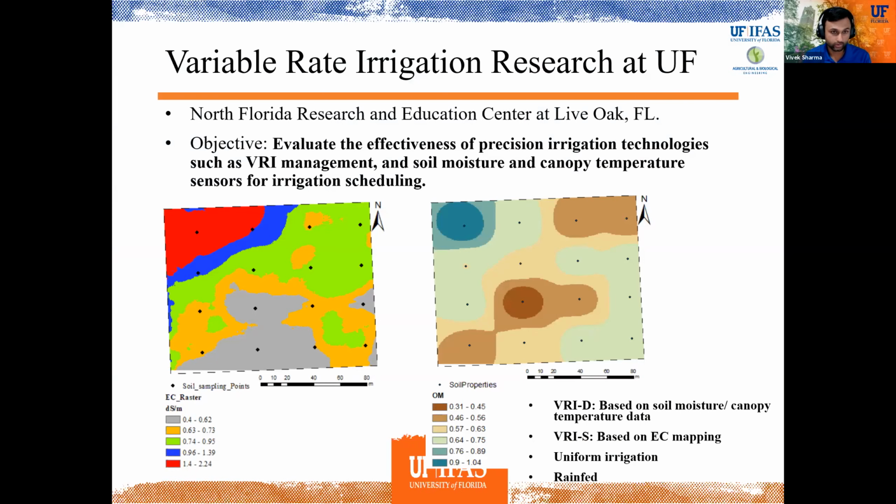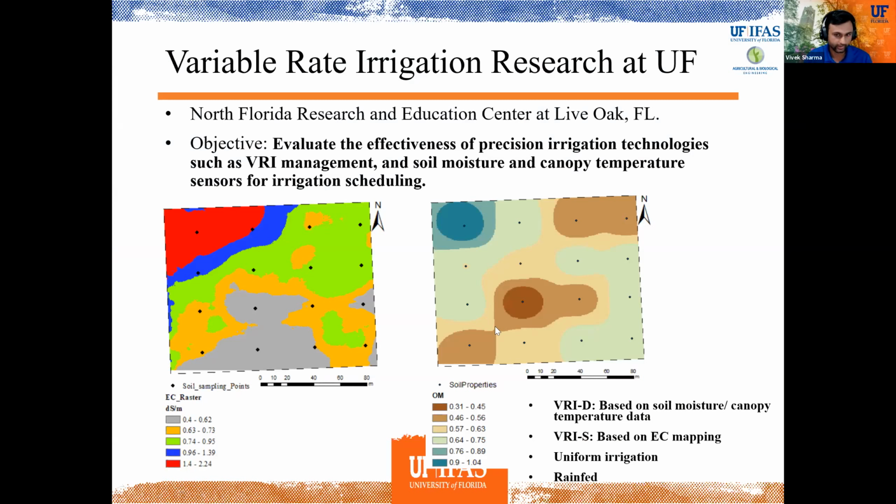We are planning to develop similar research in Florida, where we are starting at the North Florida Research and Extension Center at Live Oak. The idea is to evaluate the effectiveness of precision irrigation technologies like VRI management, using canopy temperature as well as soil temperature for in-season irrigation management.